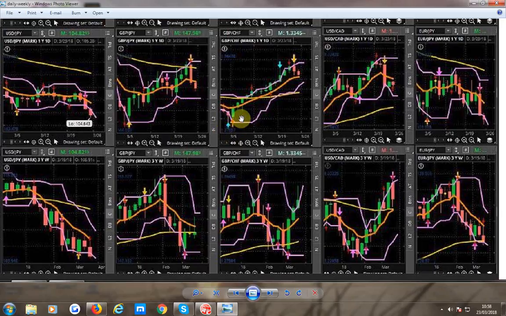That's the best way to use blues. If you look at that move, that is the start of the 500 pip move, and there isn't a single red candle all the way up until you start getting these blues again here, and then it reversing there.